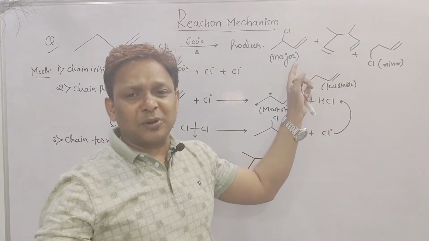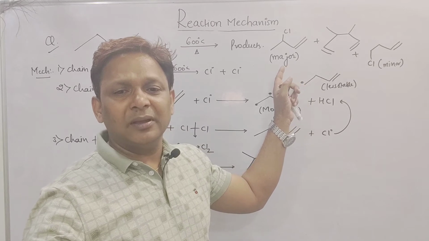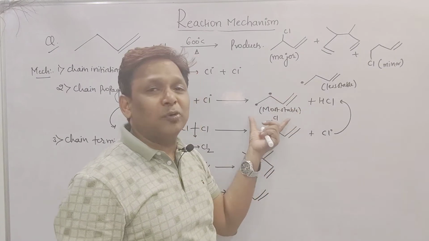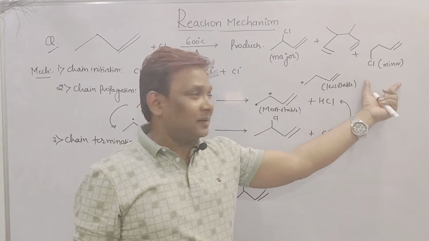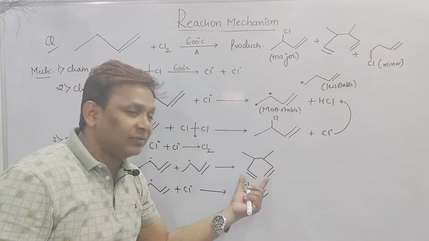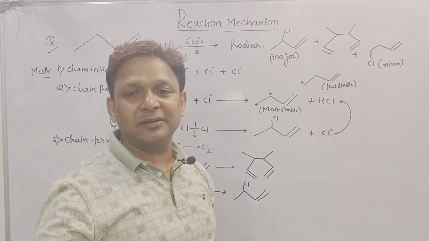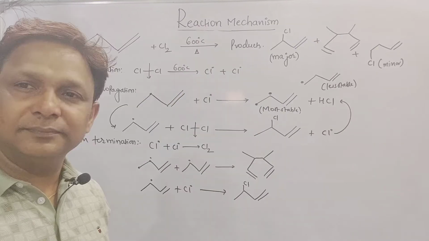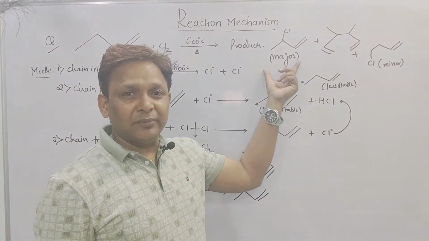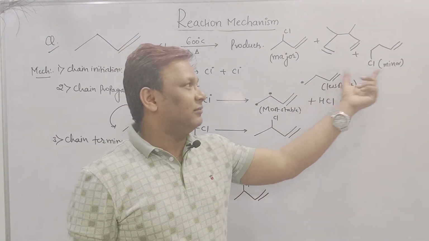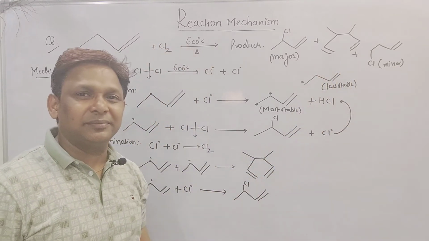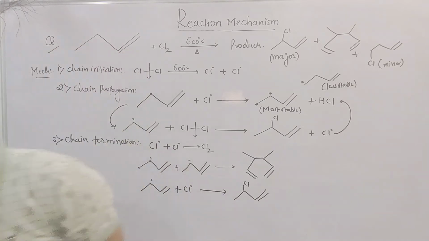Did you see here, this one is the major because it formed the most stable free radical. This one is the minor because it formed the less stable free radical. And this one is one of the byproducts we got in the chain termination reaction. Is it clear, beta? So one is from the most stable free radical, where it formed the major, one is from the less stable free radical, which will be minor, and this is one of the byproducts obtained in the termination step, right? Please take a screenshot, beta.